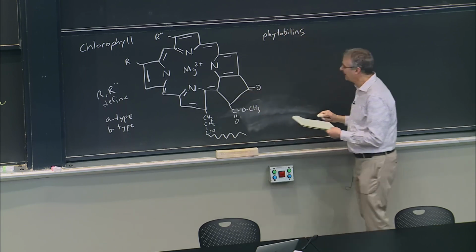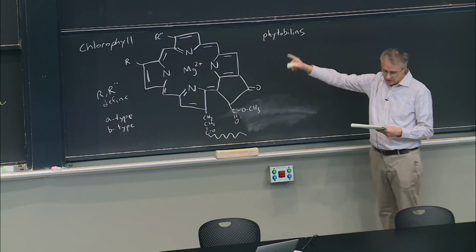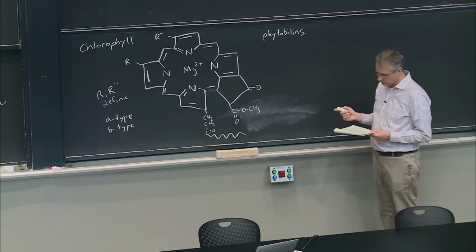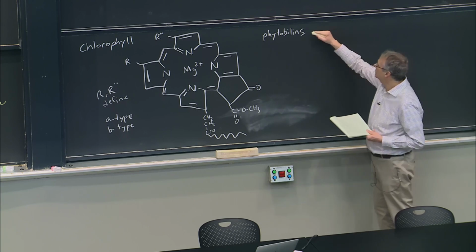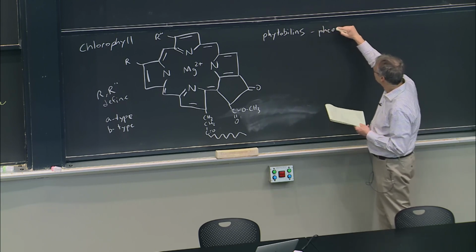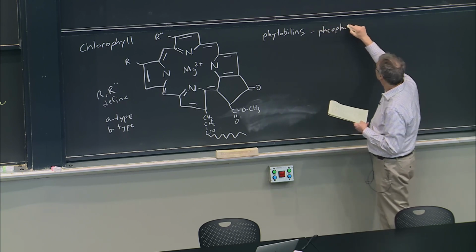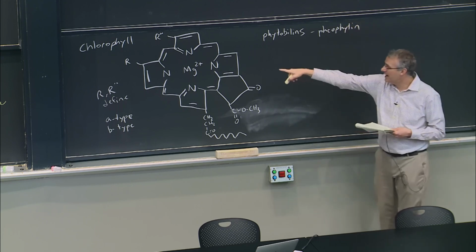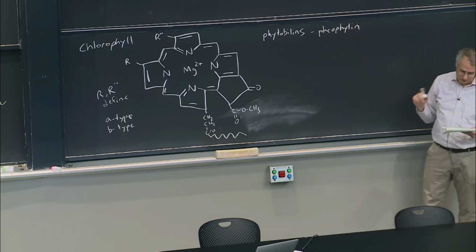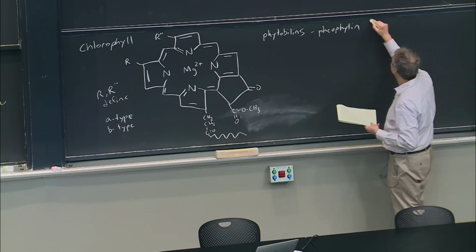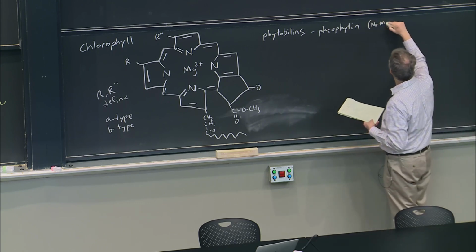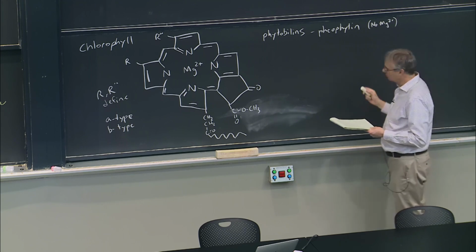They're called phycobilins. They're also tetrapyrroles, very similar to chlorophyll, except, for instance, pheophytin does not contain any magnesium or other thing conjugated in the center. Okay, so no magnesium. Otherwise looks similar to chlorophyll.